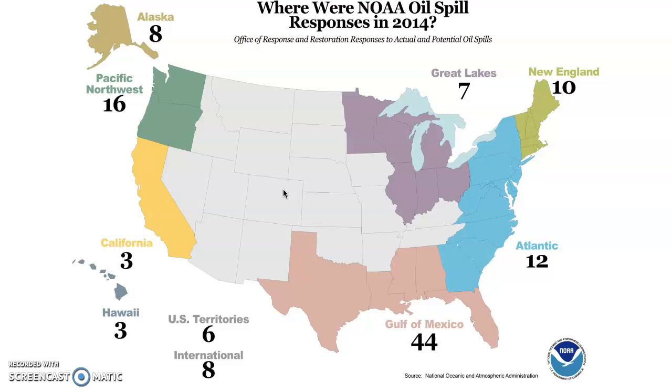This is how many responses the NOAA had due to oil spills. The NOAA is the National Oceanic and Atmospheric Administration. You can see that just in the Gulf of Mexico there were 44 responses.